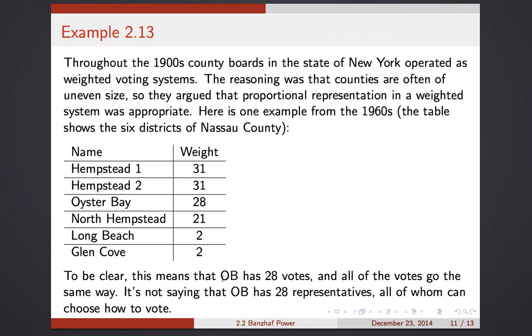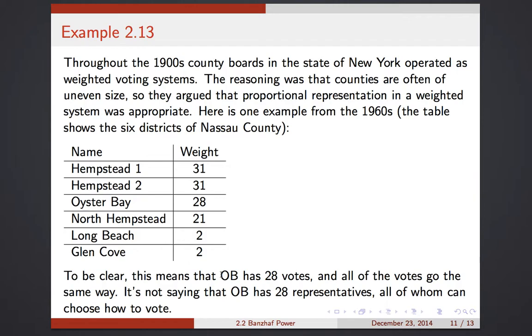Okay, so I want to end with an example from your book that's really nice. And the reason I'm showing you this example is to show that this notion of power is not just some sort of idle mathematical speculation that mathematicians just do when they're bored, right? This kind of thinking has applications to real-world voting. I mean, of course it does, because as we saw in the first section, there are all sorts of systems out there that use weighted voting.